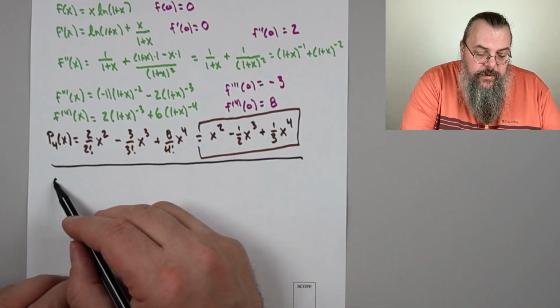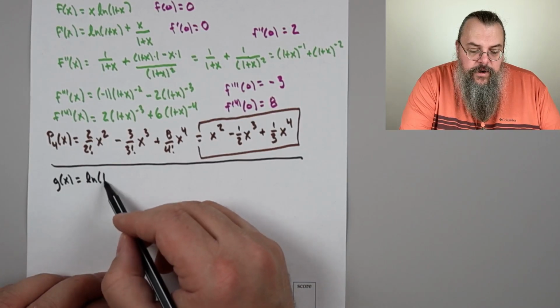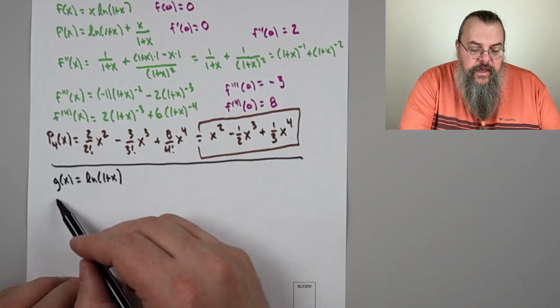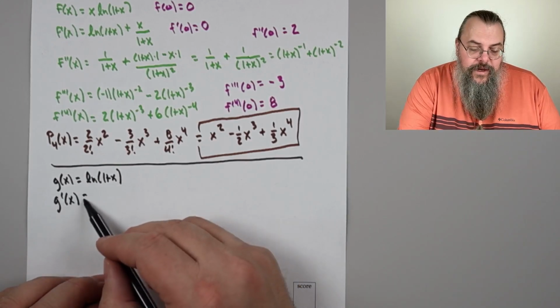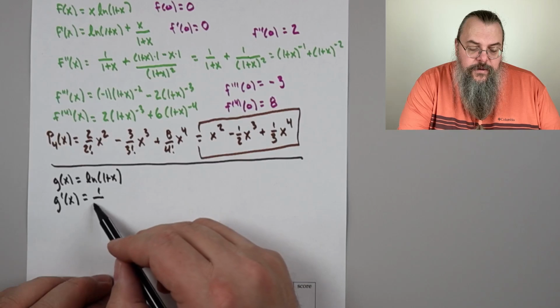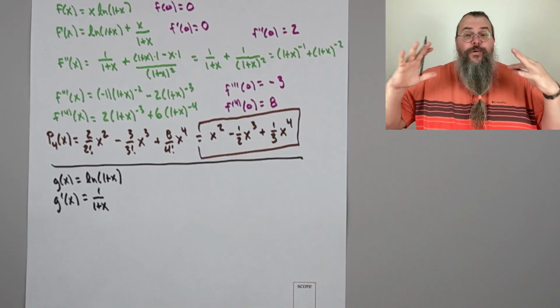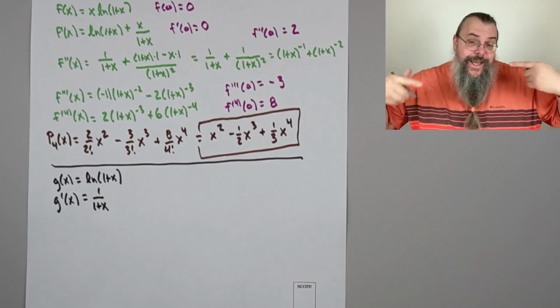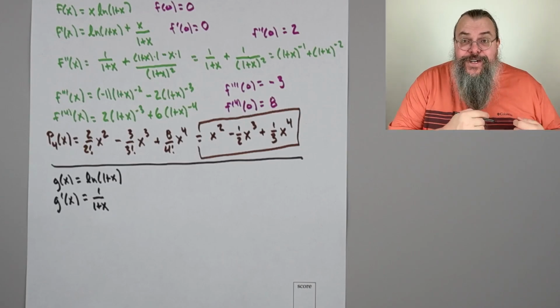So let's temporarily say g of x is log of 1 plus x, and start by taking the derivative. The derivative of log is 1 over 1 plus x. And then we're like, whoa, wait a second. Deja vu. This looks a lot like geometric.